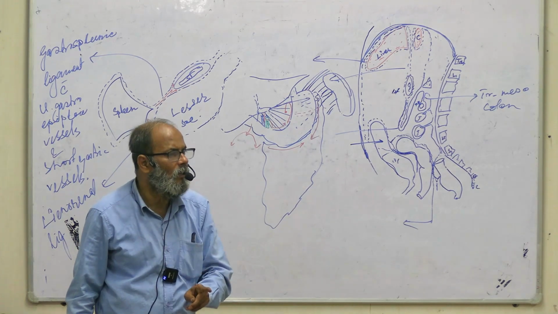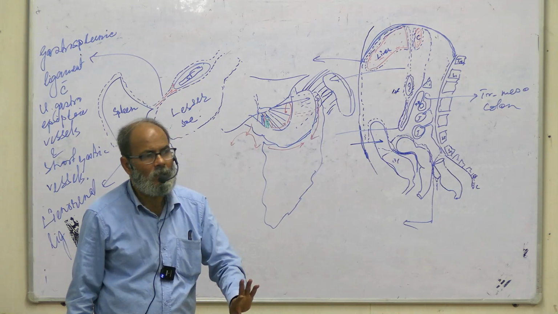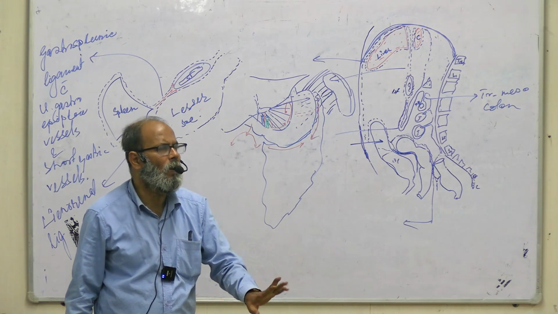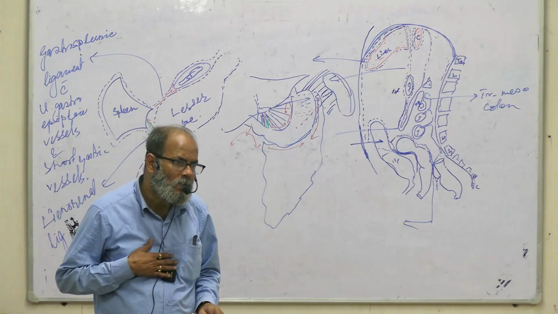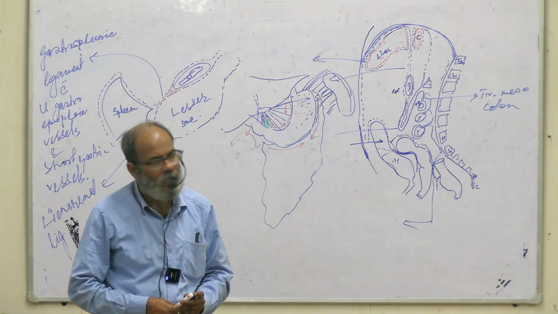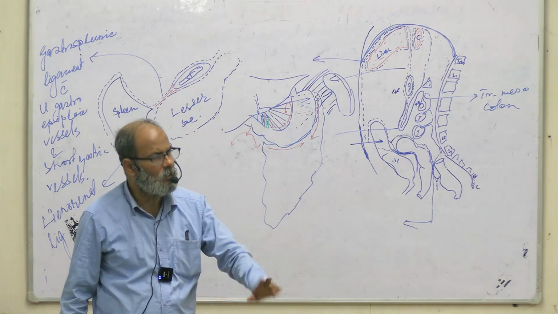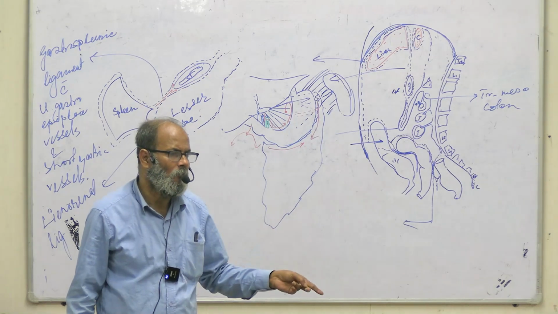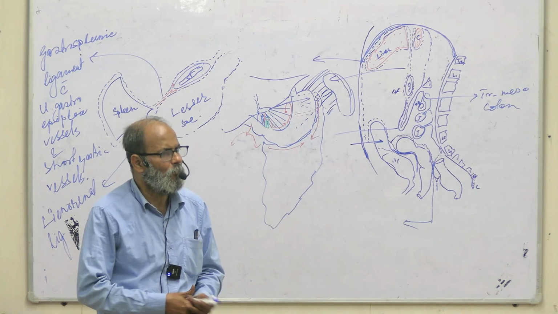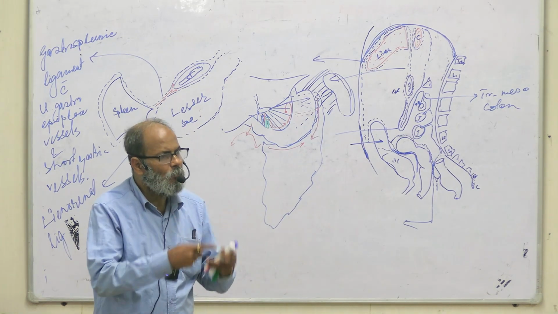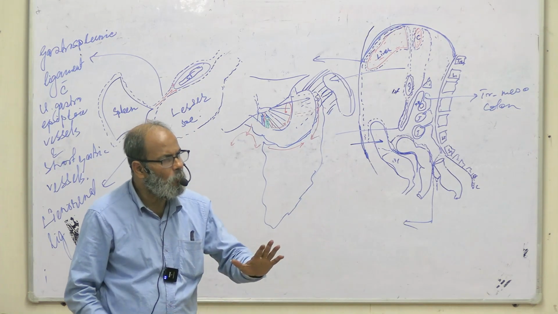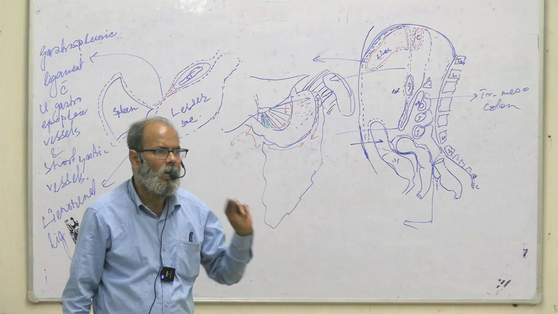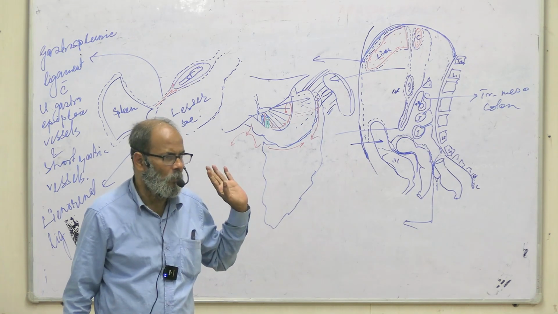In the female, this prolongation doesn't remain patent, except a small part which is known as the canal of Nuck, N-U-C-K. So this is one. Another is the communication with the extraembryonic coelom, as I have told you. And the fifth one gives rise to the physiological hernia, which gets reduced by the 10th week.